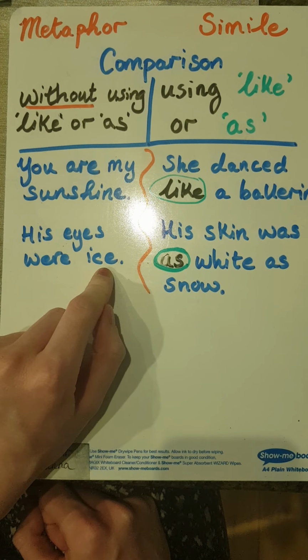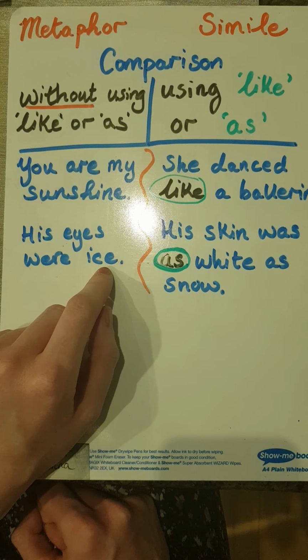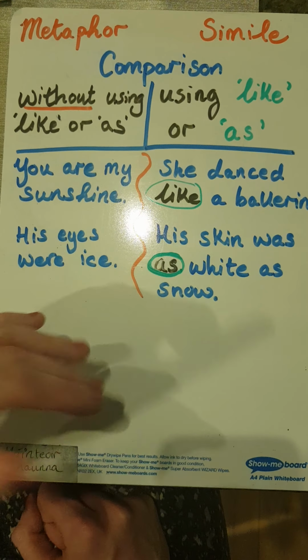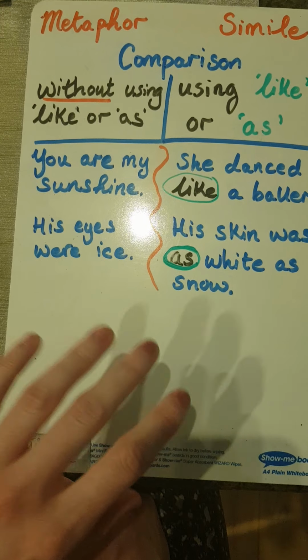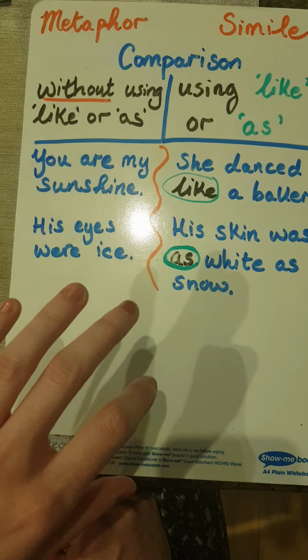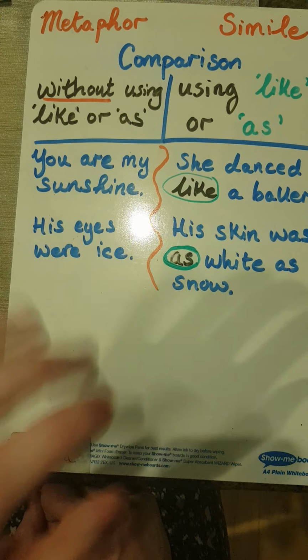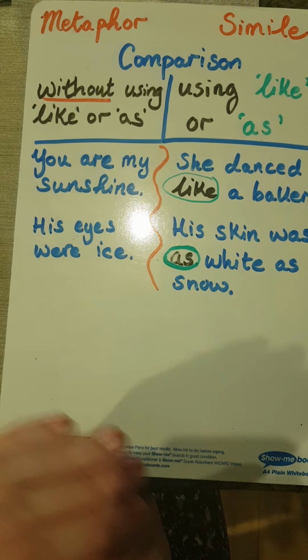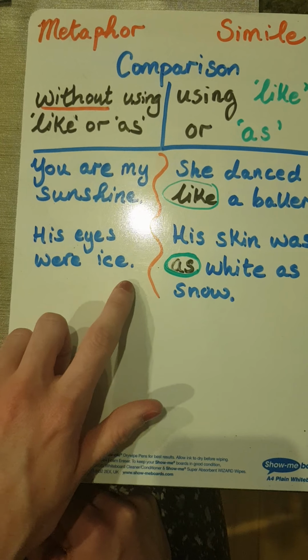Well, think about ice. Is ice something really warm? Is it something you associate with relaxation? Or is it something that's quite cold and something you wouldn't really want to touch or be around for too long? Obviously the answer is the latter.